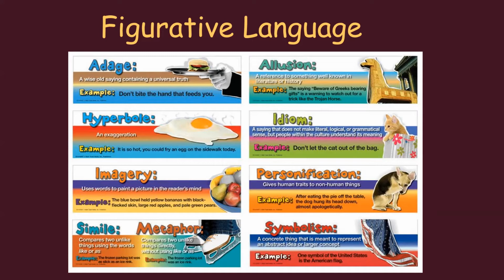All right, so first we have what is called an adage, okay? An adage is a wise old saying containing a universal truth. So adages are used a lot in communication. The example that we have here is don't bite the hand that feeds you, okay?